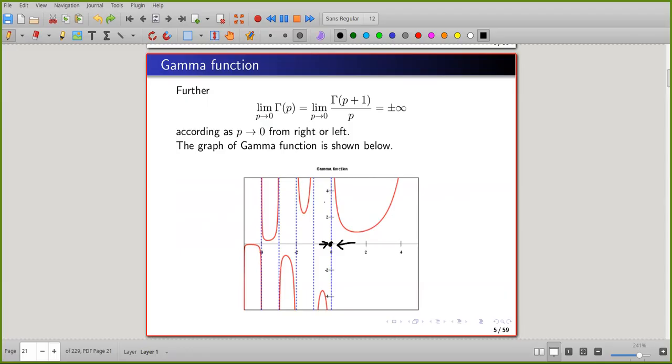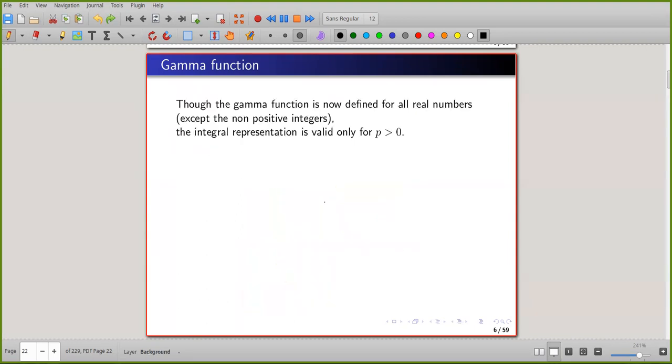I think I'm just going to go through these slides very quickly. It's easier to explain this on the board. Though the gamma function is now defined for all real numbers except the non-positive integers, the integral representation is valid only for p strictly greater than 0.